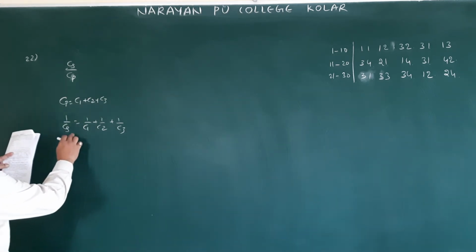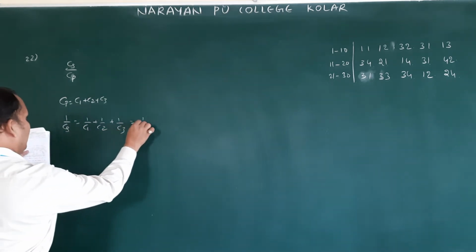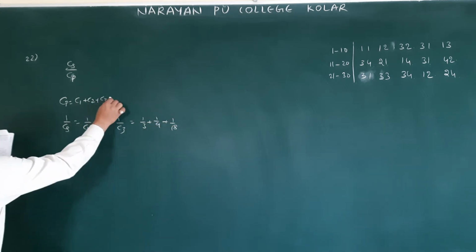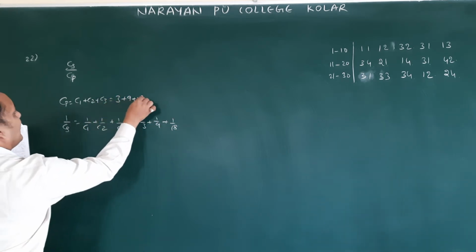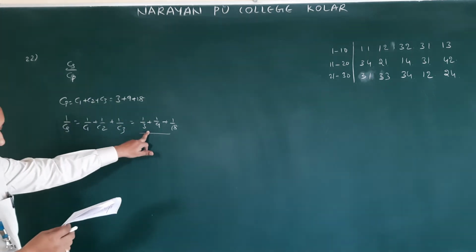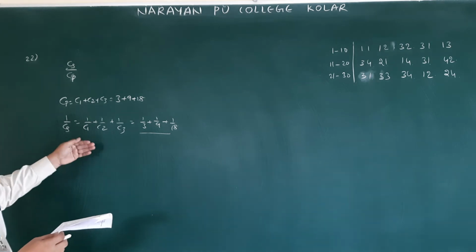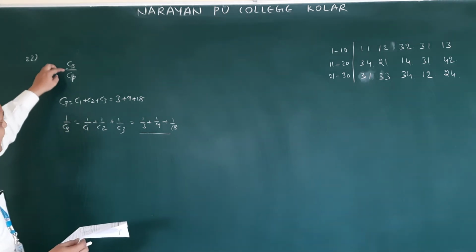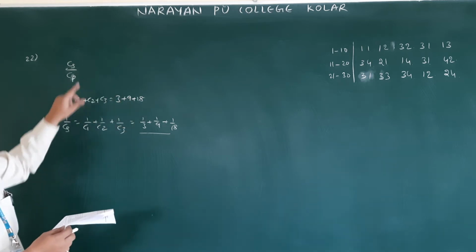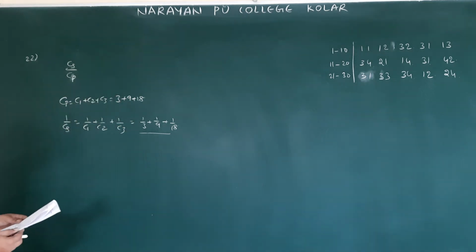C1, C2, C3 they give as 3, 9, 18. 1 by 3 plus 1 by 9 plus 1 by 18. So you can find the resultant value CS; you will get 1 by CS, you have to reverse. They are asking CS by CP. Substitute the CS value and the CP value, and you will get the answer 1 is to 15.